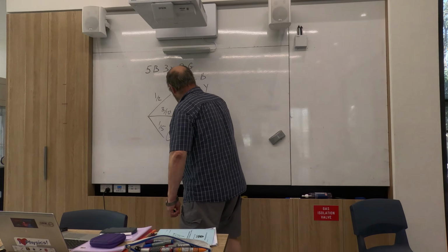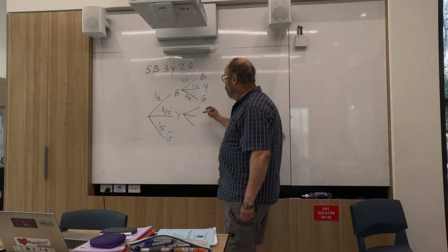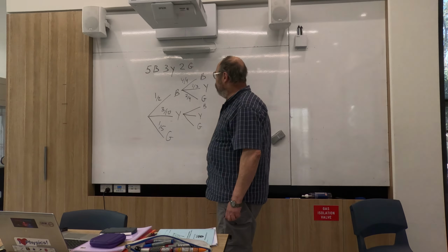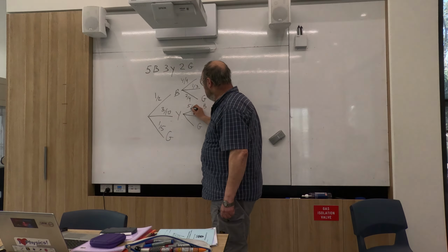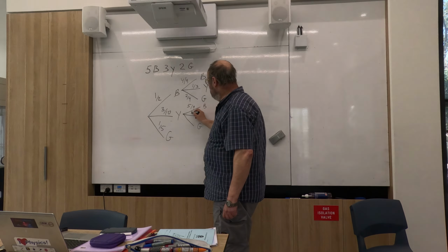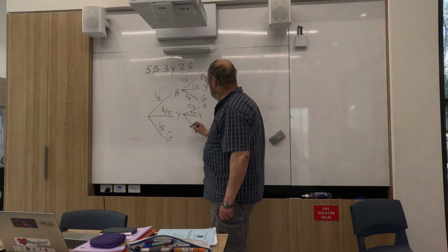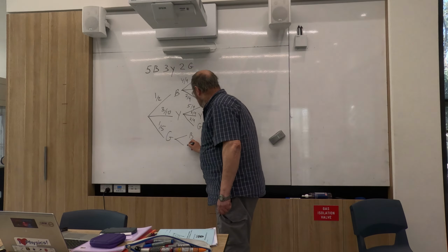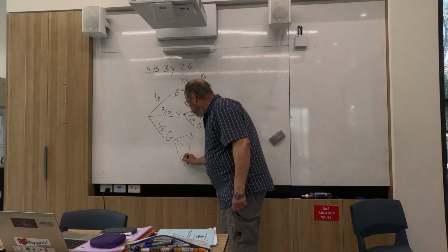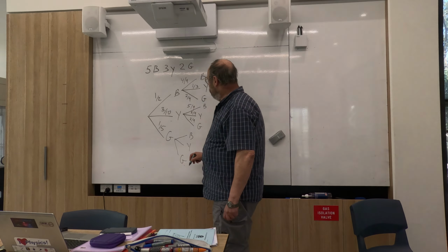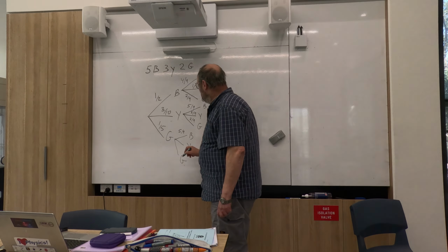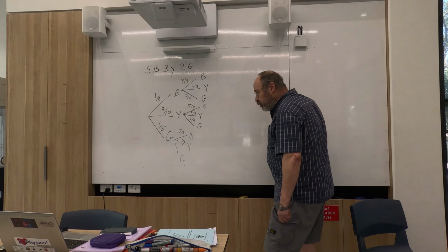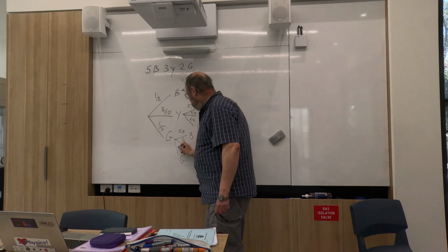We do it with each branch. Next: blue 5 out of 9, yellow 2 out of 9, green 2 out of 9. Then blue 5 out of 9, yellow 3 out of 9, which is 1/3, and green 1 out of 9.